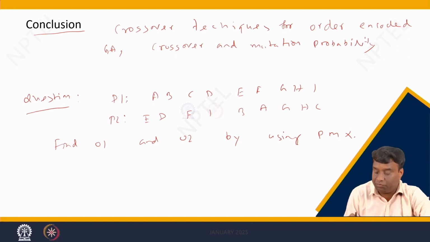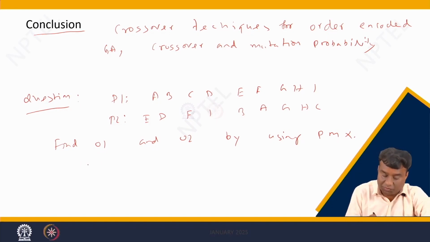So offspring 1 is that, offspring 2 is that.